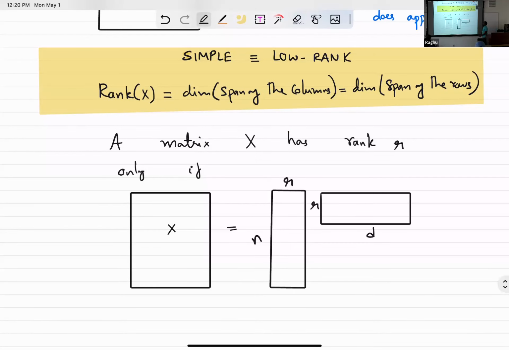X has rank R means I can write it as a product of two matrices where one is only n by R and the other is R by d. If I tell you R is like 2 or 3, then you might have a huge matrix, 100,000 by 10,000, but I'm writing it as a product of two small matrices.